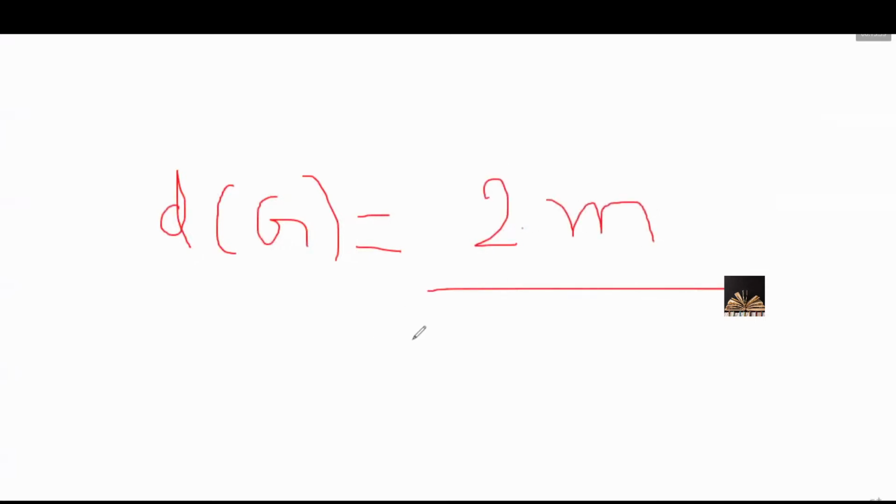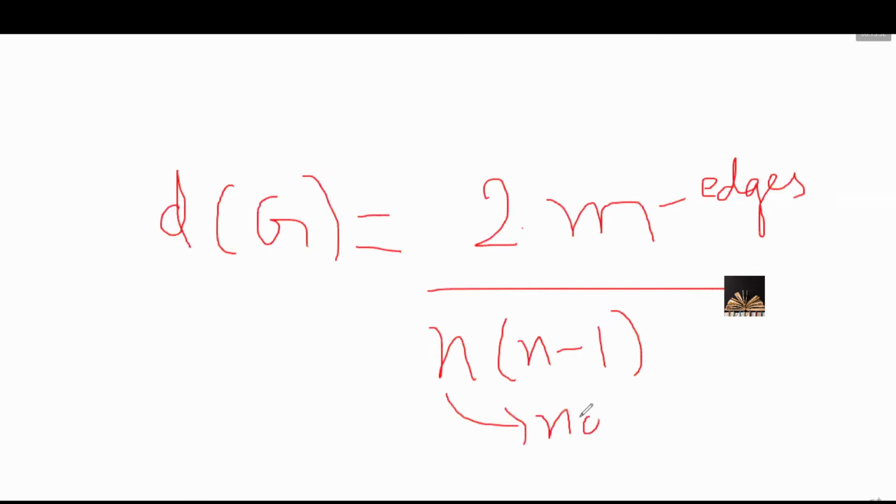So for the density of the graph, the formula is D of G is equal to 2 into m by n into n minus 1. Here m represents the number of edges and n represents the number of nodes.